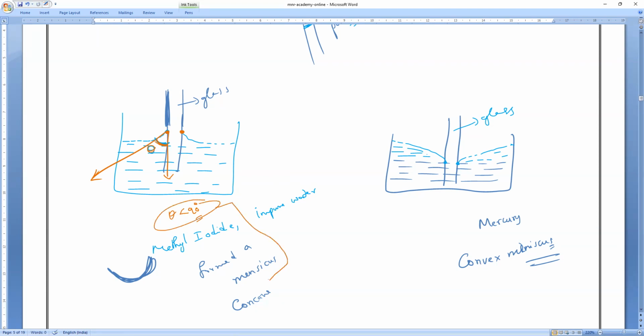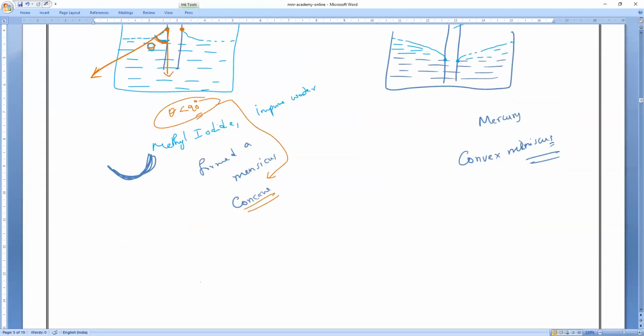If it is less than 90, it will form a concave meniscus, so the liquid will rise. Please remember that: the liquid will rise. Understand, all of you?